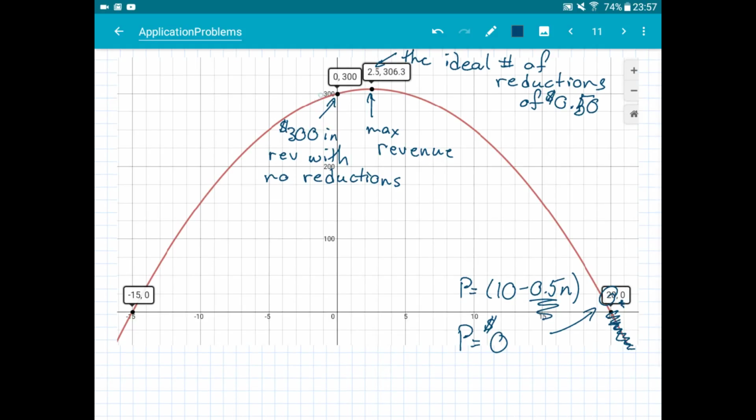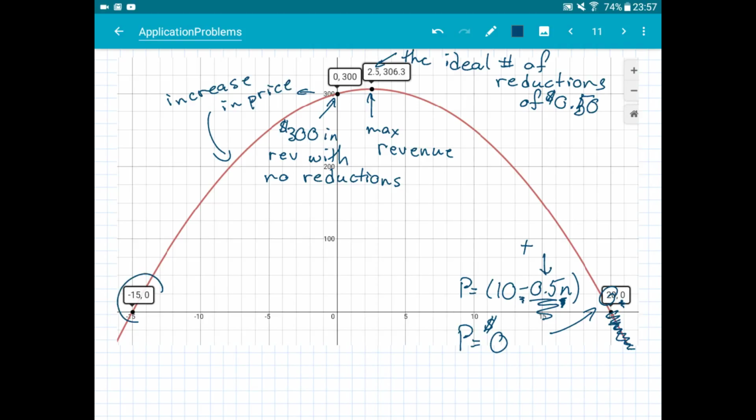Now if you go negative for reductions, that's going to mean that you're adding here. Think about multiplying a negative number here by a negative number here. You're going to get a positive number. If you get a positive number, you're adding money to the price. So all of this over here is an increase in price. You notice the revenue is going down.